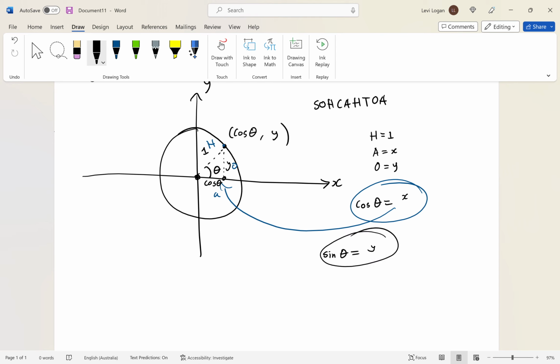Cool, we've got another expression for this side length in terms of the angle. So whatever this side length is, it's sine of whatever angle this is. Okay? And now we can replace this here with sine theta.